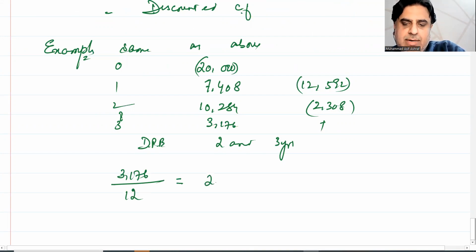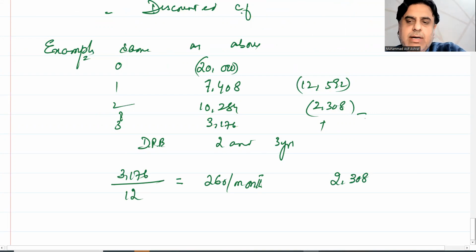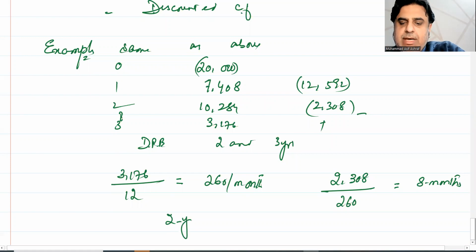This gives you 260 per month. Now by the end of 2 years, we need 2308 to arrive at 0. 2308 divided by 260 is almost 8 months. So the discounted payback period is 2 years and 8 months.